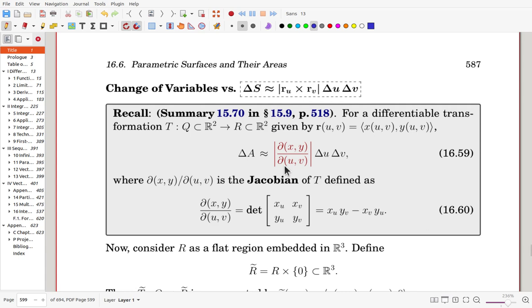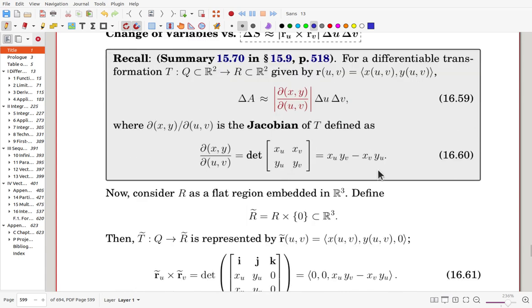Now we try to embed this transformation using R. Rather than two-dimension to two-dimension, we consider a two-dimensional function embedded in 3D. The last component is 0, so this original transformation can be embedded in 3D.